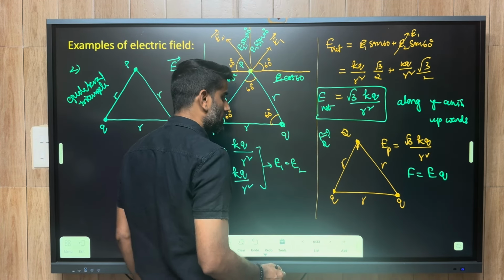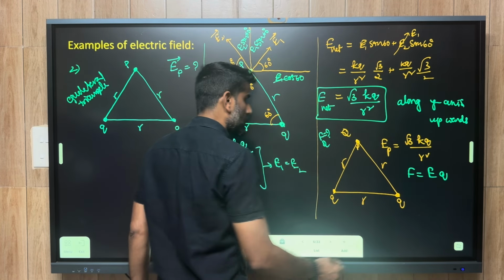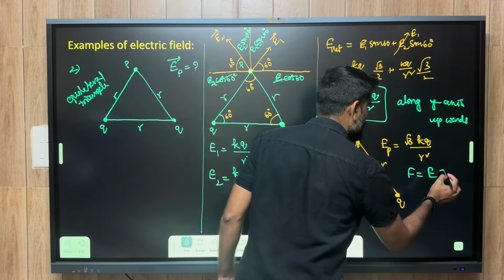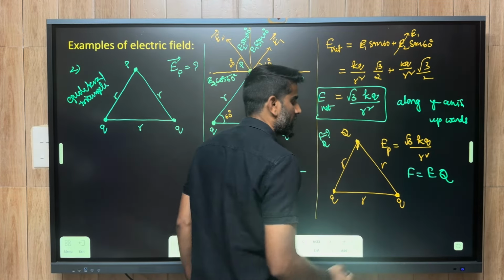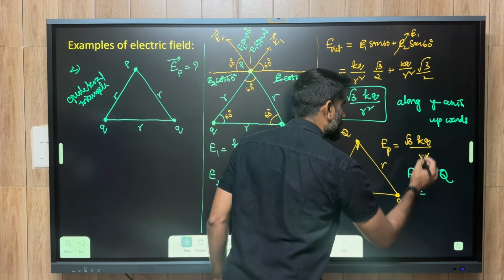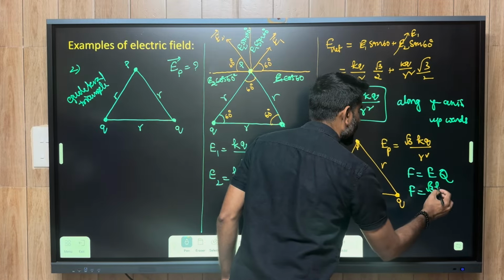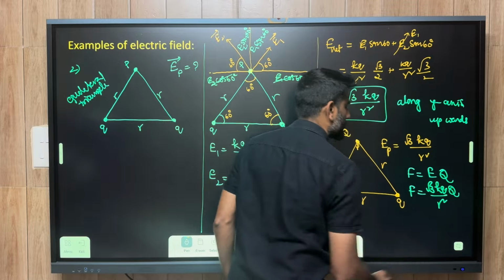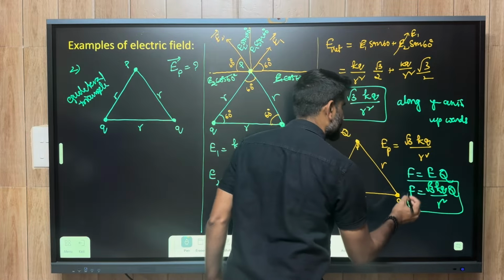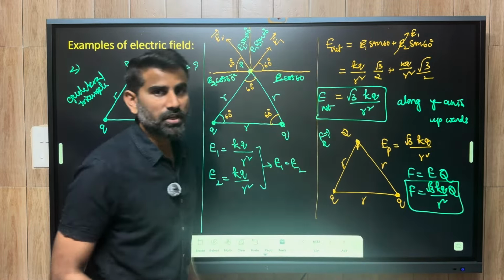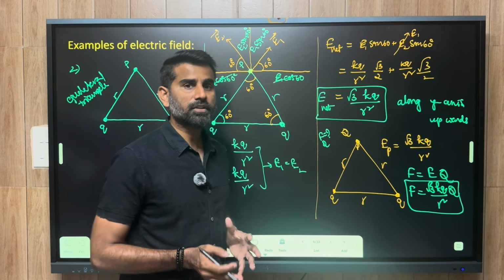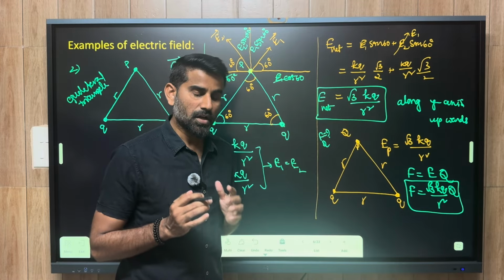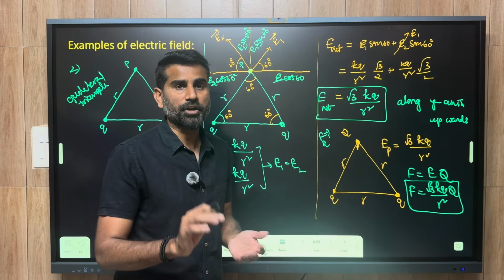Instead of small q, here you are given capital Q, so I am writing capital Q. So F is equal to E, which is root 3 k small q by r square, into capital Q. This is how you can find the force on a charged particle after finding the field at that point.